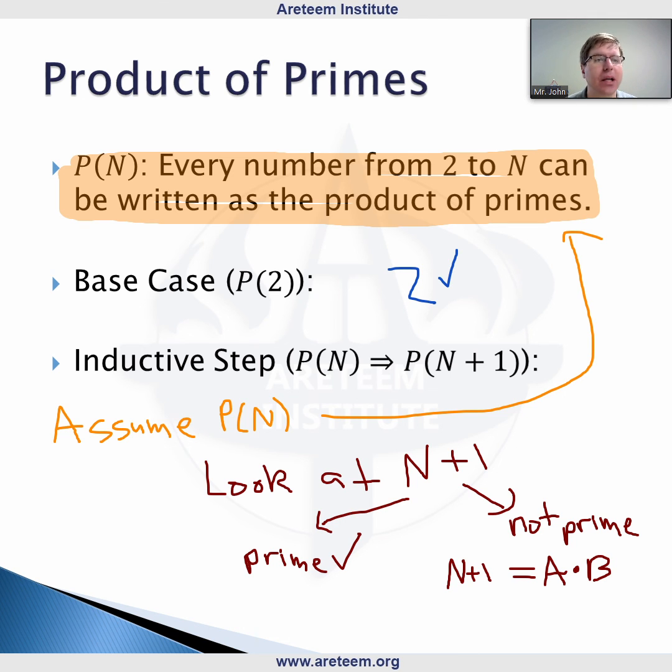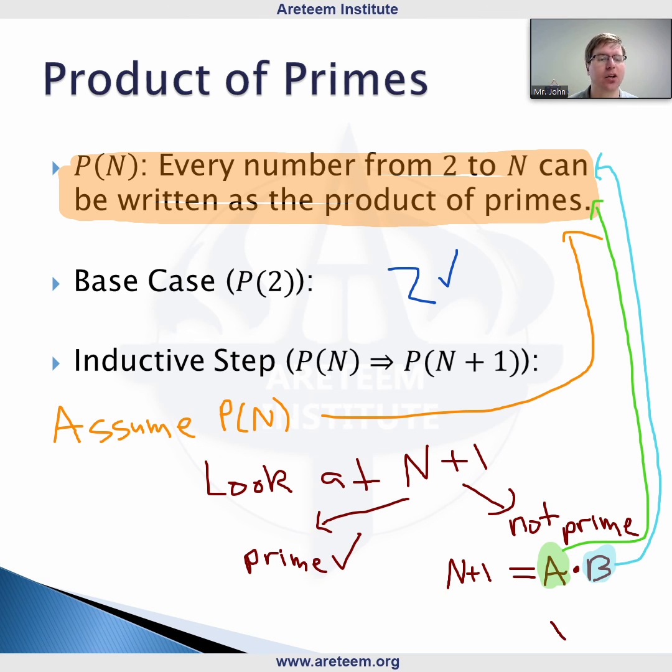But what have we already assumed? We've already assumed it for those smaller numbers. We know a can be written as a product of primes, and we know its other factor b can be written as a product of primes. So what happens if you have a product of primes times another product of primes? That just gives you a product of primes.